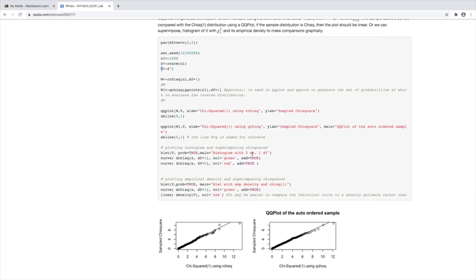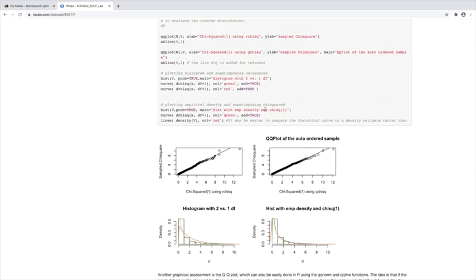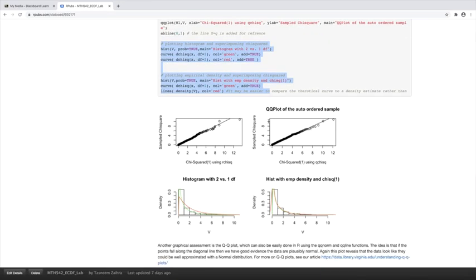And we can superimpose that. So you can use these two little code chunks to generate graphs to graphically assess this. The histogram is the histogram of the data that you have observed. The red plot is the empirical density curve, and the green one is the theoretical density curve.